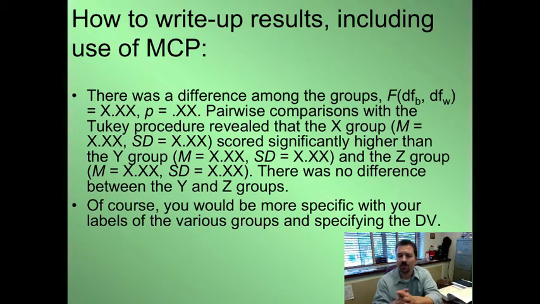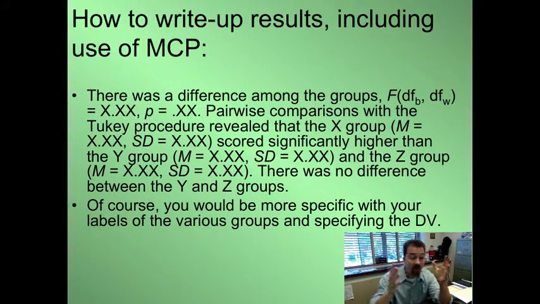Because it's perfectly possible, again, let's say you're predicting that your 50 milligram group is going to be doing better than your placebo and 10 milligram groups. Well, maybe you'll reject your null, and so that is encouraging. It tells you that maybe you support your hypothesis, but you don't really know until you have an MCP to really compare those means at a pairwise level.